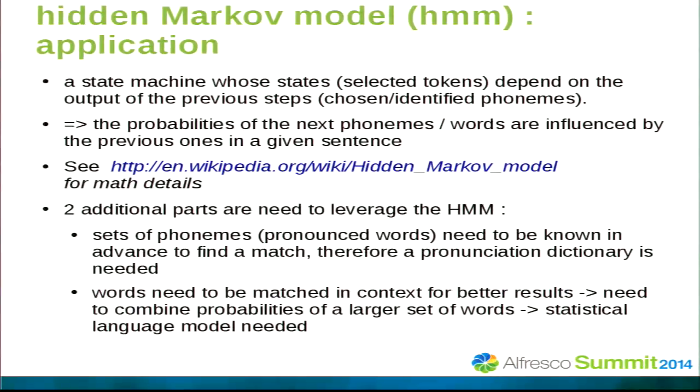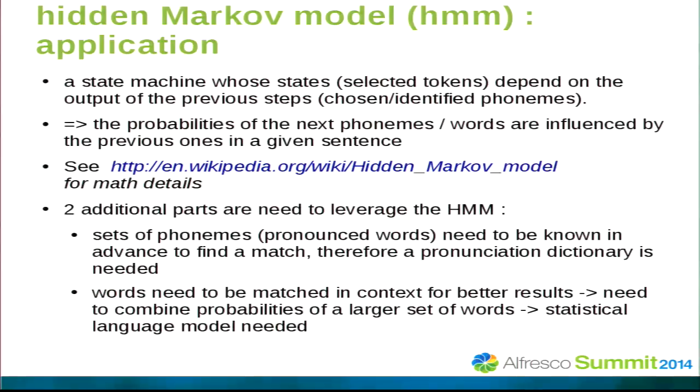But for those of you who studied regular Markov chains at university, a hidden Markov model is basically a state machine where the output depends on the state of the previous step. So in our case, it means that the sounds depend on the likelihood of previous sounds.